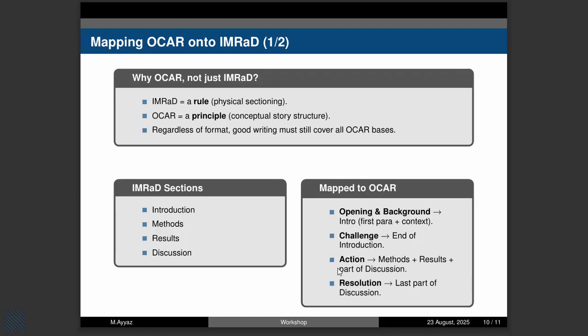The action comprises methods, results, and discussion. And the resolution you will usually find in the last part of the discussion, how our understanding about the world has changed after reading or doing this research.